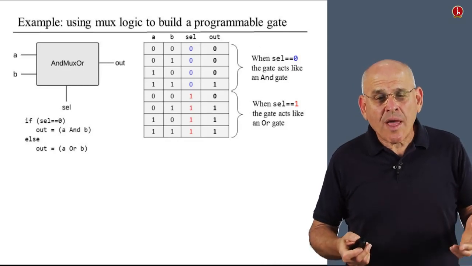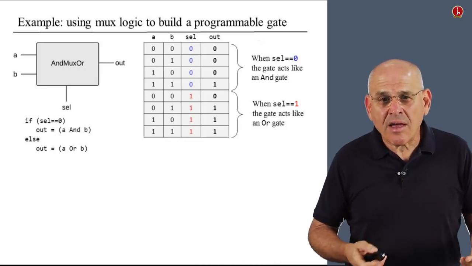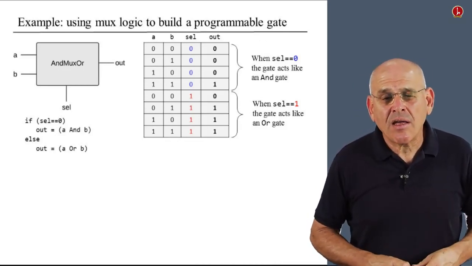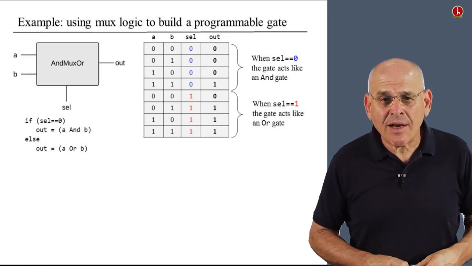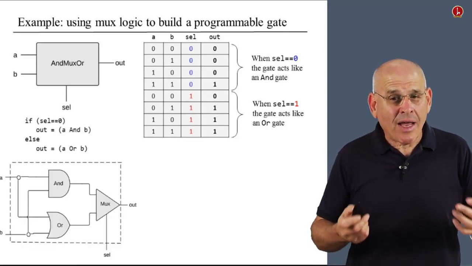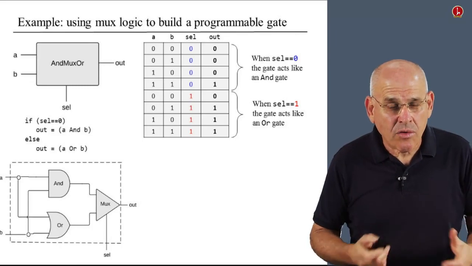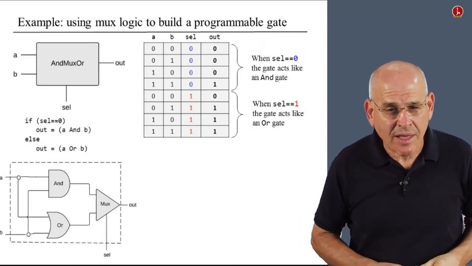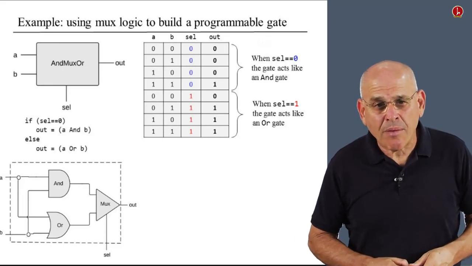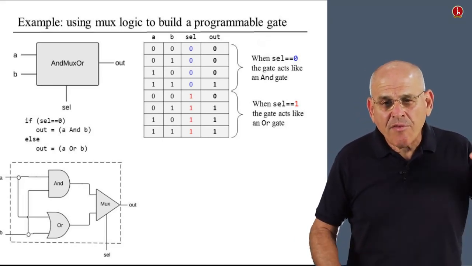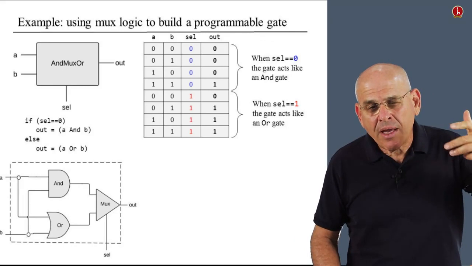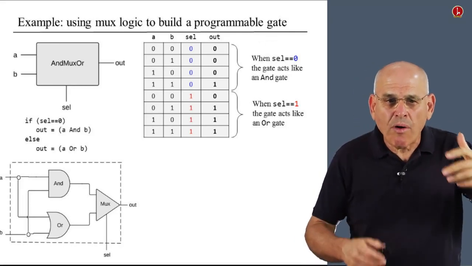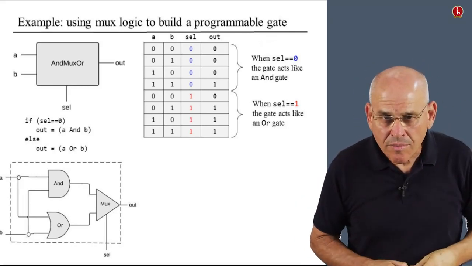And here's the truth table of the gate, and you can convince yourself that it's consistent with what I said earlier. And here is how I can actually build it. I can use two gates, an AND and an OR, provided, of course, that I have developed them previously. And I can feed the A and B inputs simultaneously to both AND and OR.